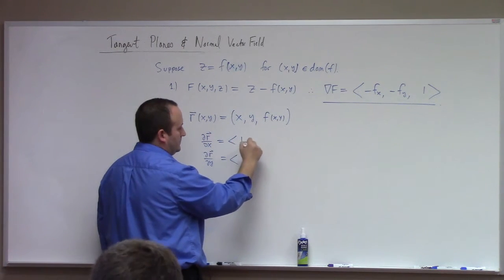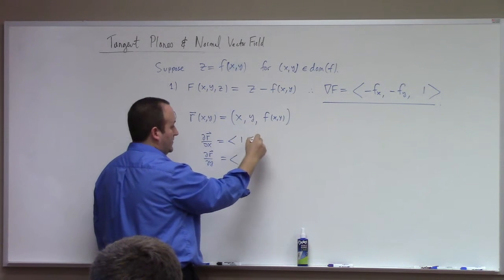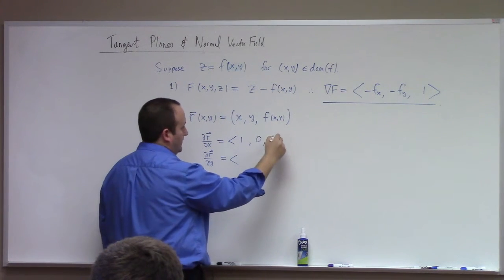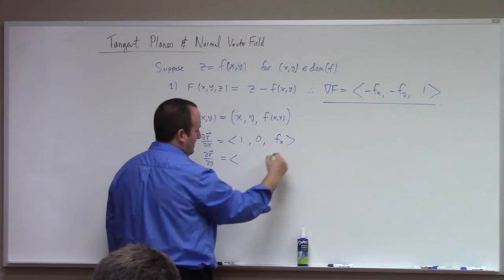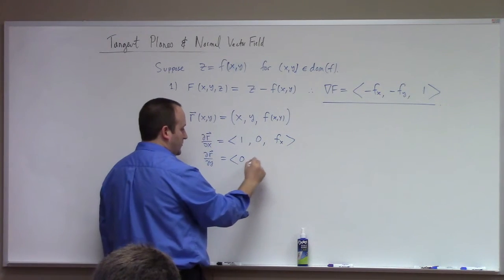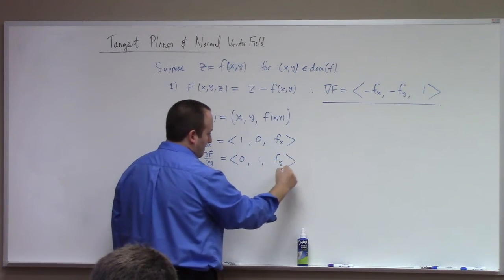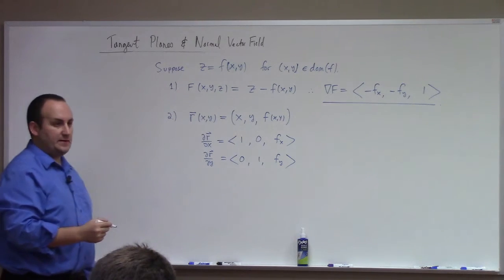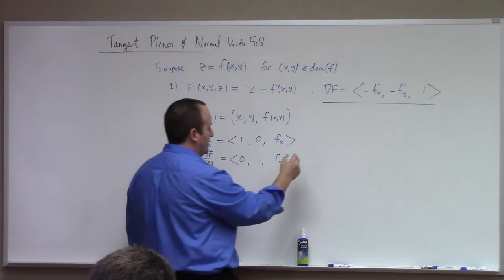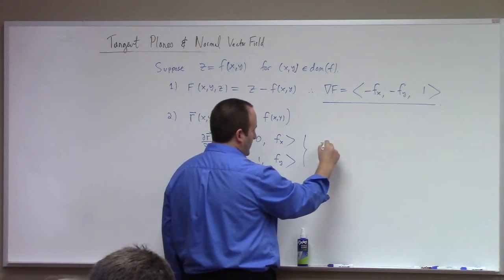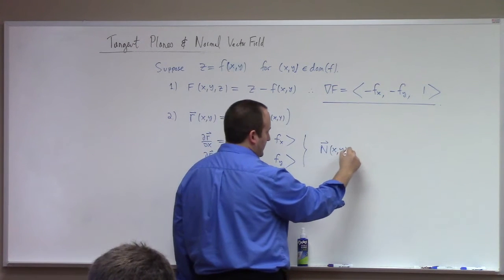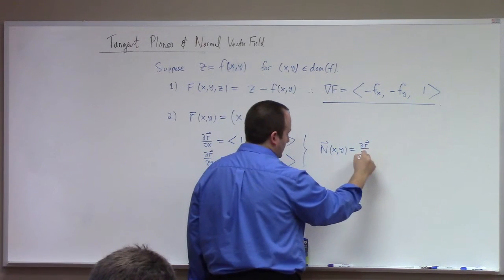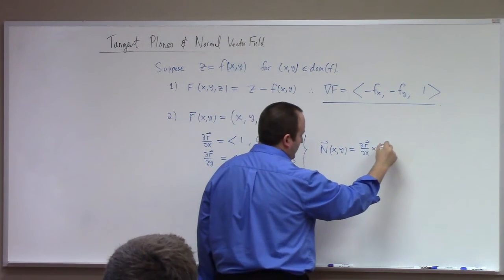One, 0, f_x. And for this one I get 0, 1, f_y. What's the normal vector field then? The normal vector field at x, y is partial r partial x crossed with partial r partial y.